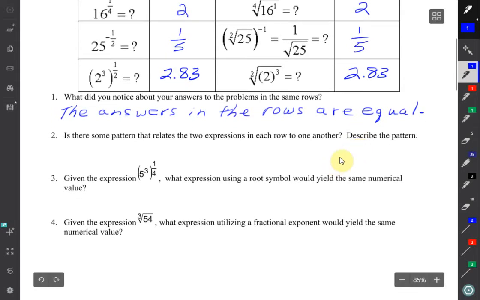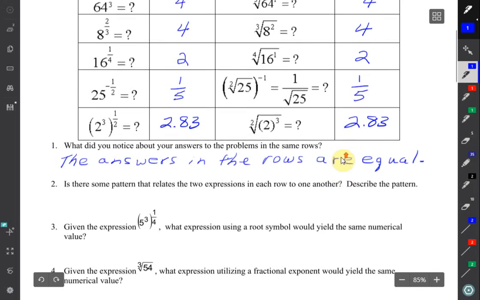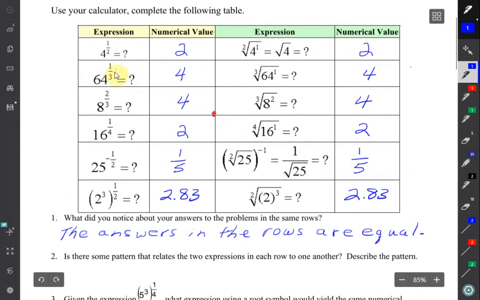Now, the pattern that relates these expressions to each other has to do with the fractional or rational exponent in terms of its numerator and its denominator, and then the root number and the exponent.